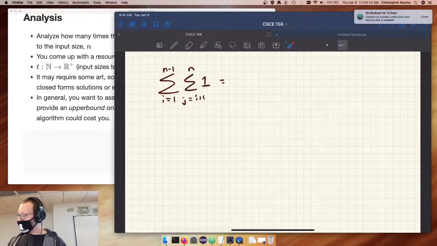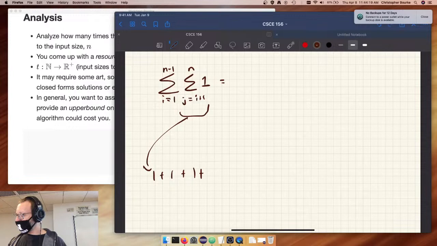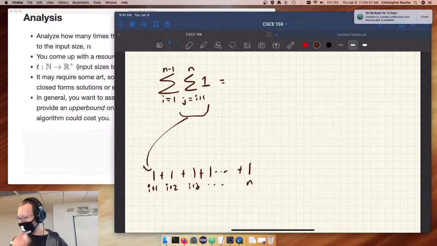First of all, let's focus on this inner summation here. Again, this was 1 plus 1 plus 1 plus 1 dot dot dot plus 1. How many times? Well, if I associate an index with each one of these, then I can say that this one was done at i plus 1, this one was done at i plus 2, this one was done at i plus 3, dot dot dot, this one was done at n. So in terms of n and i, how many ones are there?